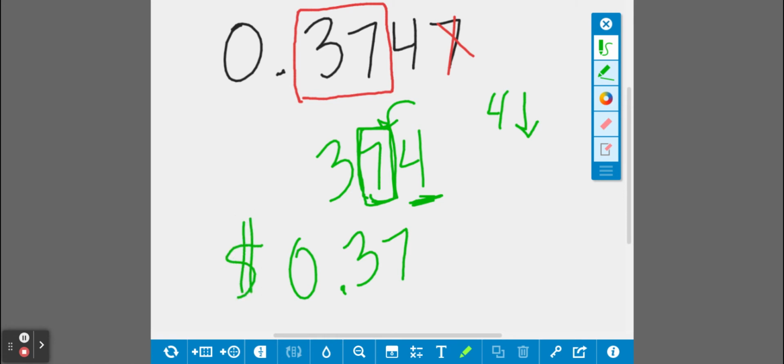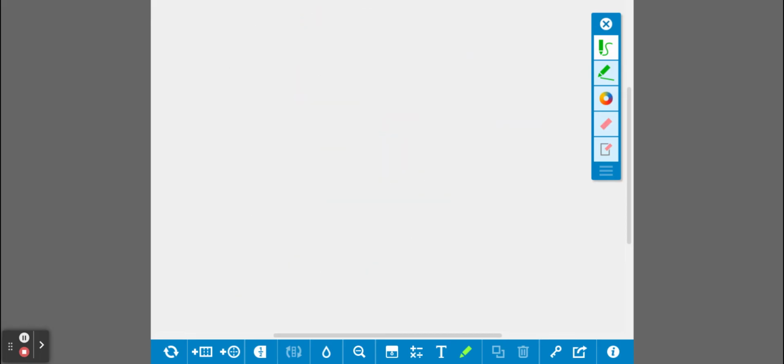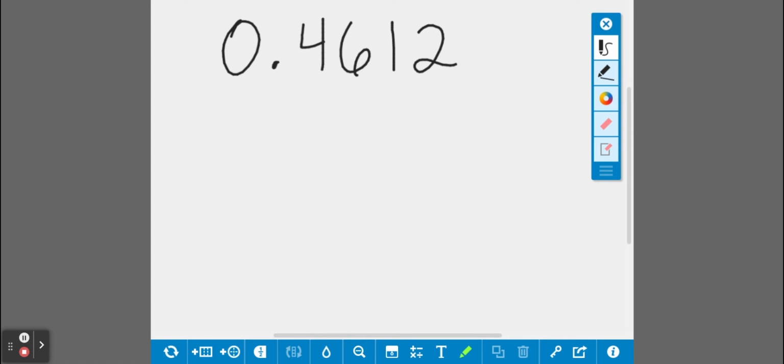Okay. Let's do another one. Let me clear this. Let's say your calculator gives you this as your decimal. You're calculating sales tax, 13% HST, and you're trying to figure out, am I paying 46 cents or 47 cents? Remember, we're only going to two decimals.